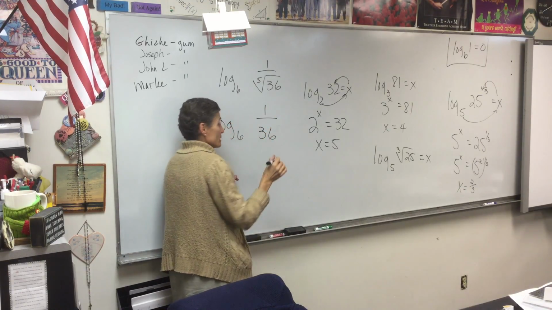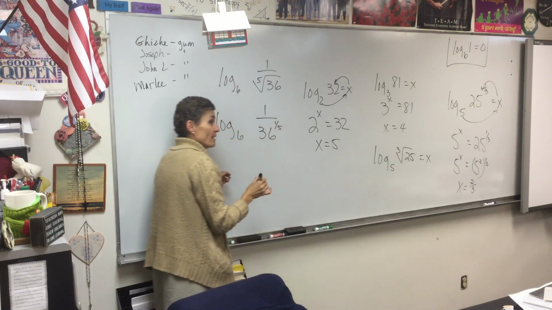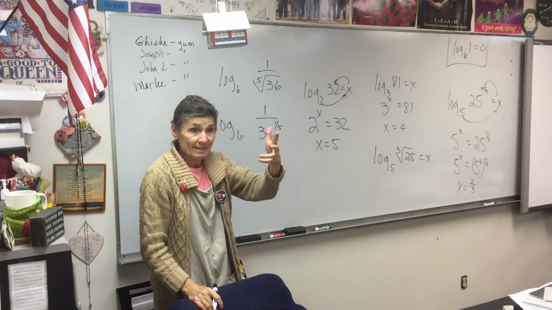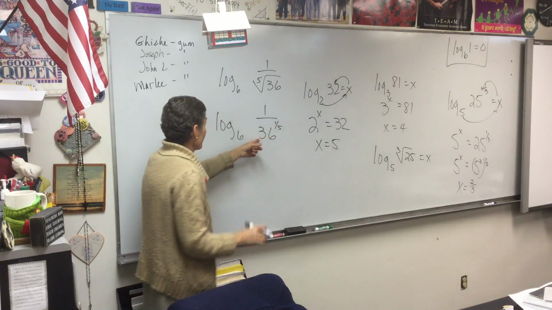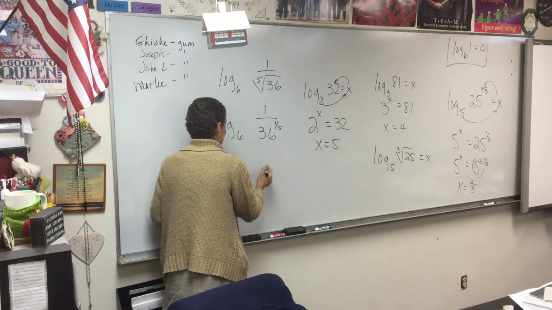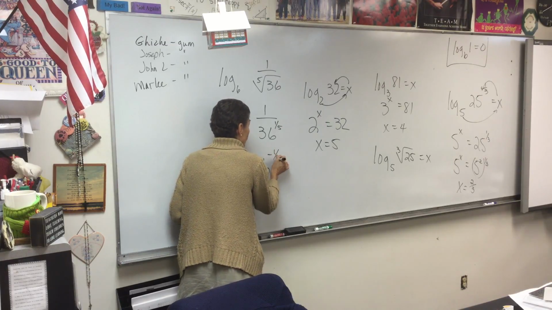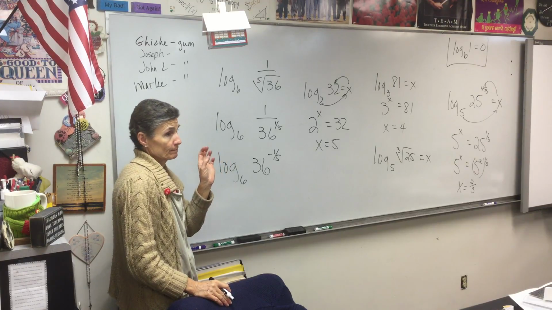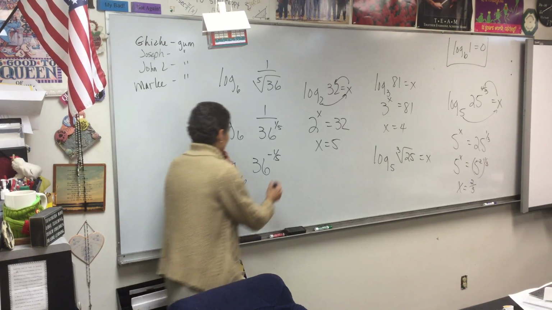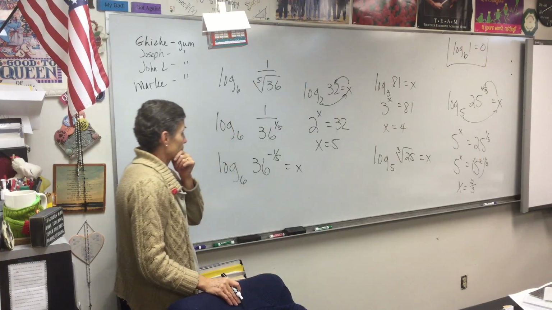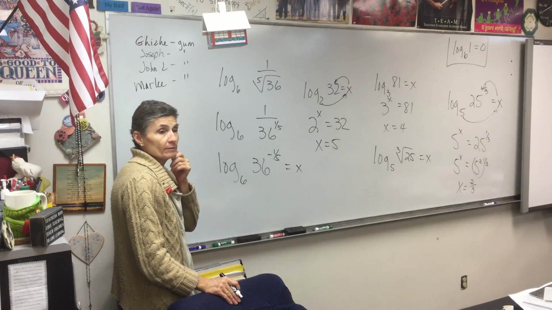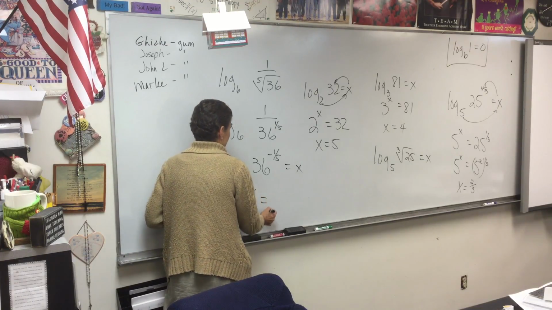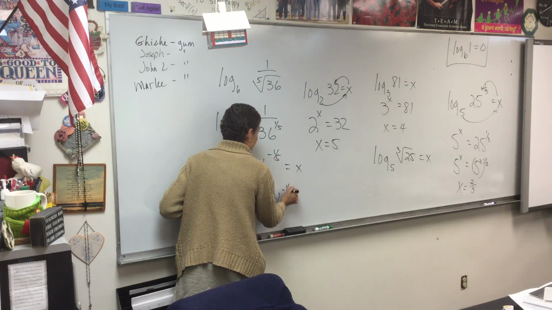Well, it's going to become 36 to the 1/5, but it's also 1 over that, and I don't like that either. So I'll rewrite that, like somebody said out here, 36 to the -1/5. We don't like 1 over. So now what? 6 to the x equals 36 to the -1/5.